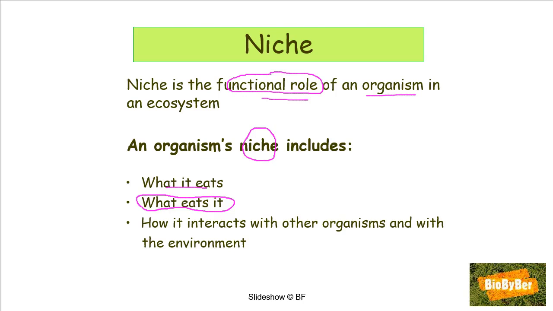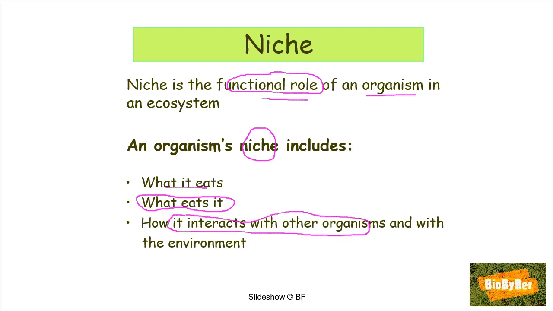So maybe the rabbit's niche might be to be present in the ecosystem as a source of food for the fox. The organism's role might also involve how it interacts with other organisms.